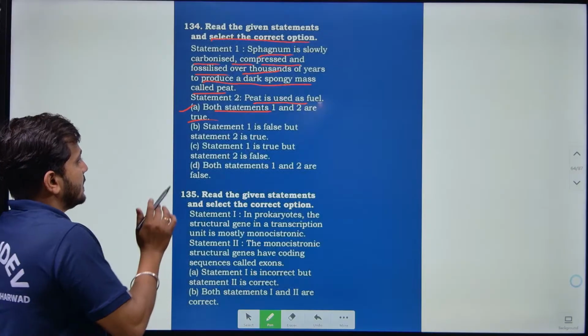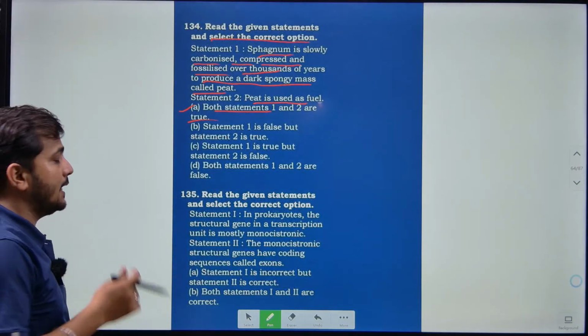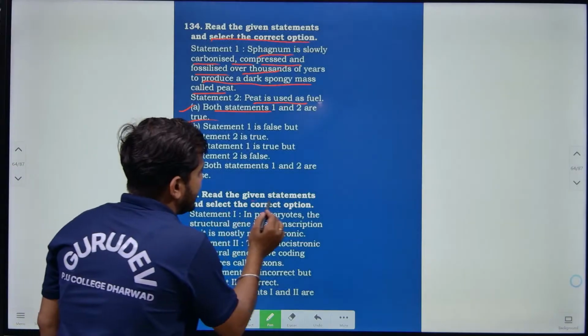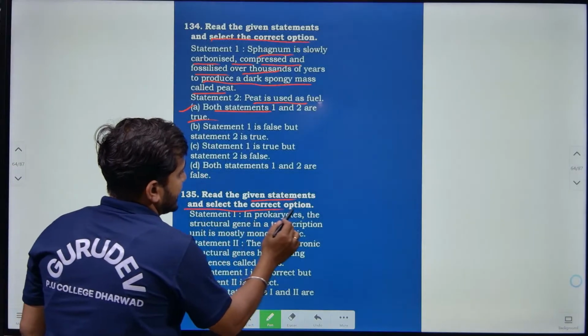Then the last question of this botany discussion: read the given statement and select the correct options.